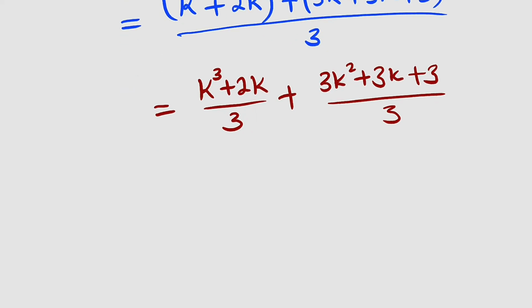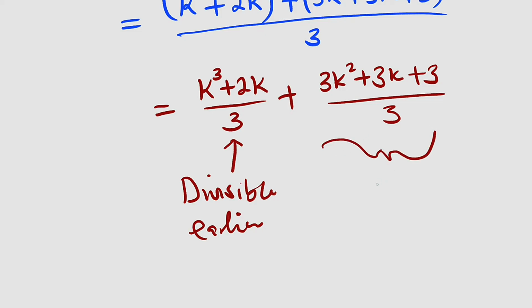Already we have seen that this is divisible. We have seen that this is divisible earlier, and this can be factorized. We can factorize it as 3 multiplied by k squared plus k plus 1, sorry, if you factor out 3 outside, and this is divided by 3.